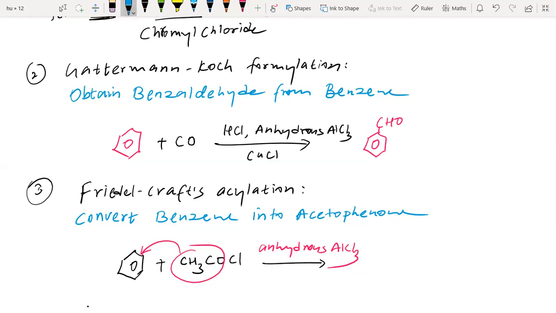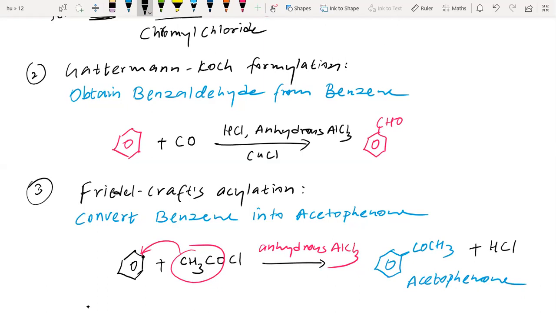So the product which we get is acetophenone, and the byproduct which we get is HCl, because a hydrogen atom is replaced.